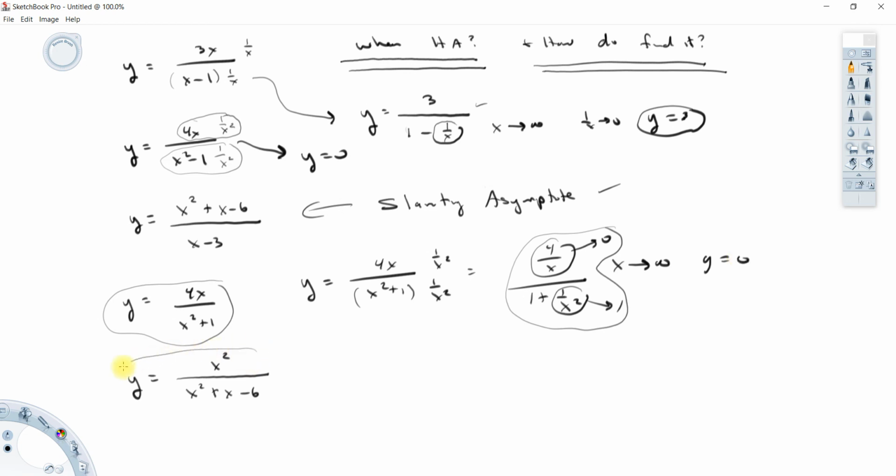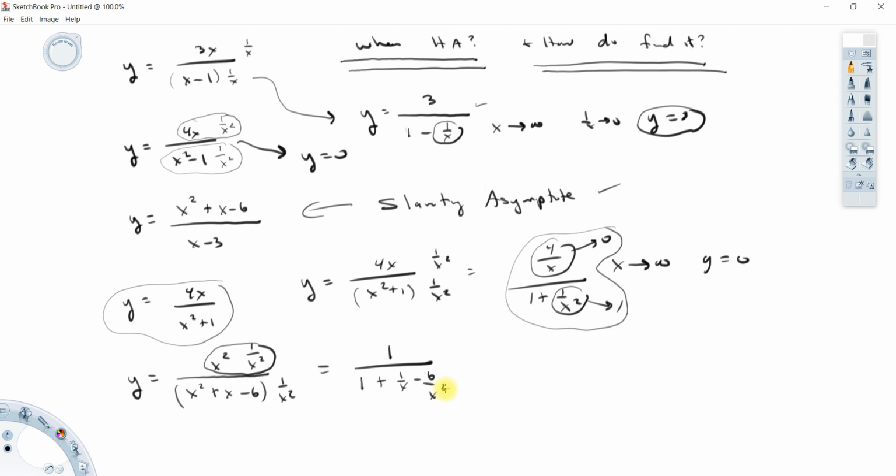Last but not least, let's take a look at this one. Top is second order, bottom second order. Going to use the same little trick on this. Multiply the top by 1 over x squared, the bottom by 1 over x squared. So this is equal to 1 over, and when we multiply this out, we get 1 plus 1 over x minus 6 over x squared.